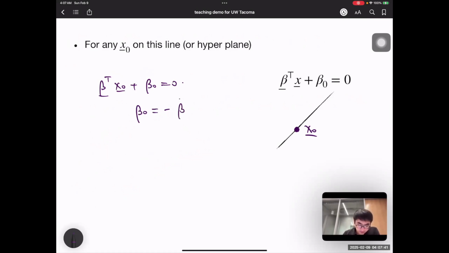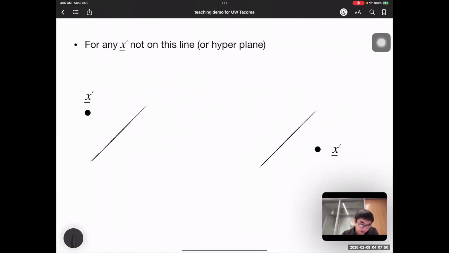For those points that are not on this line, either on one side or on the other side, it will have different signs. If it's on the upper side, then it will be evaluated to be positive. If on the lower part, then it will be evaluated as negative.